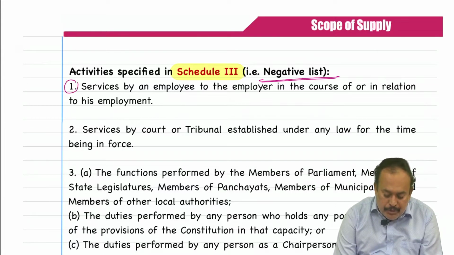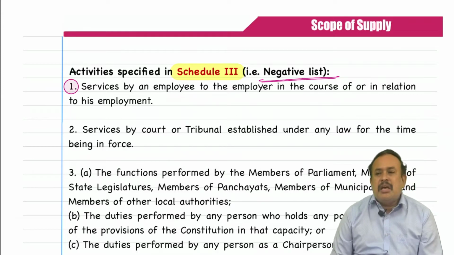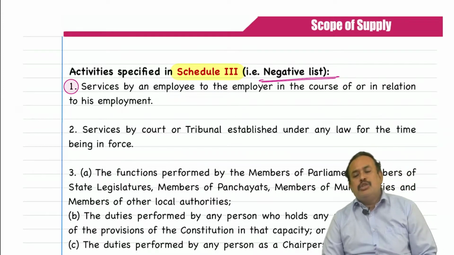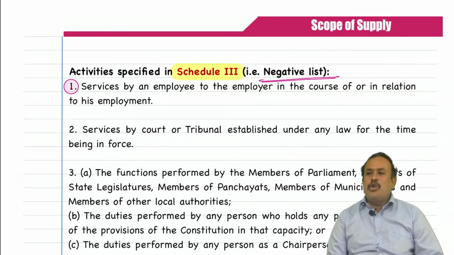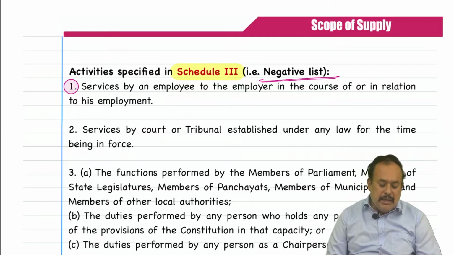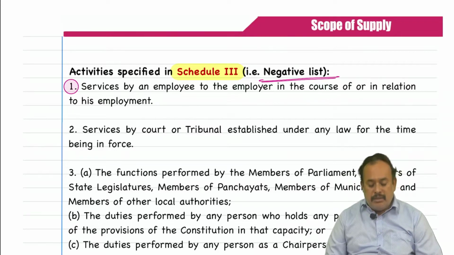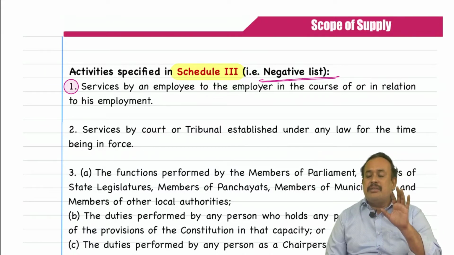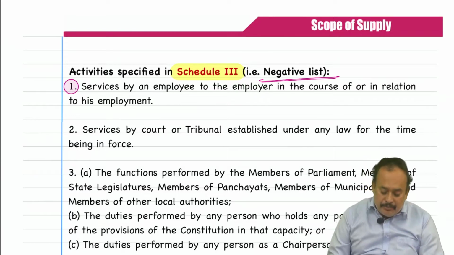First and foremost, services by an employee to the employer in the course of or in relation to his employment. In relation to an employment, the employee provides his services to the employer, which does not attract GST at all.